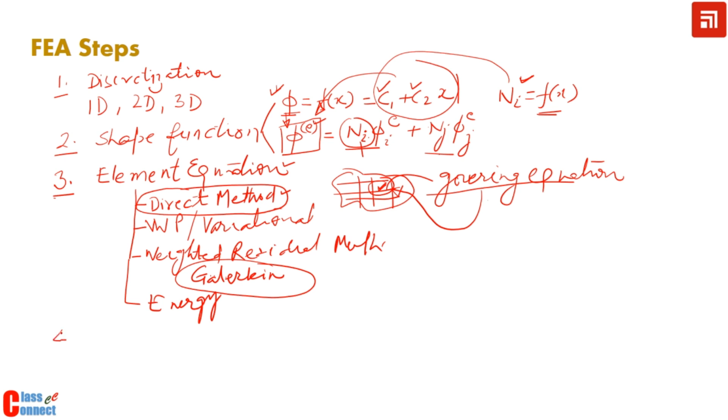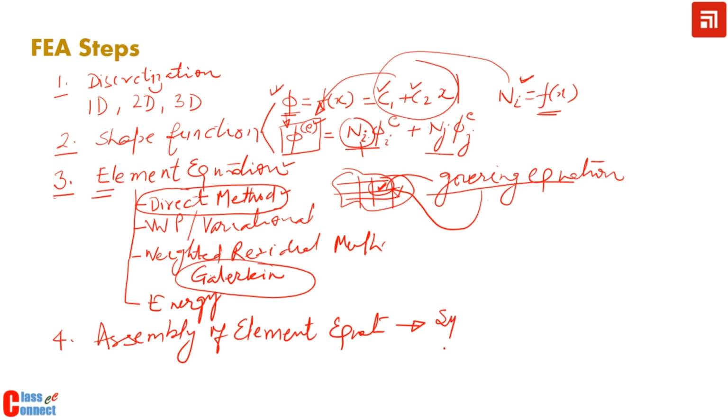The fourth step in FEM is assembly of element equations. In the assembly, we derive the element equation for all elements in the domain, and we assemble all those element equations in a proper way, so that the contribution of each and every element is properly placed for the complete domain. Finally, what we get from this is known as the system equation.